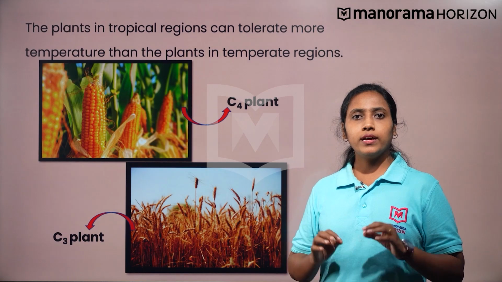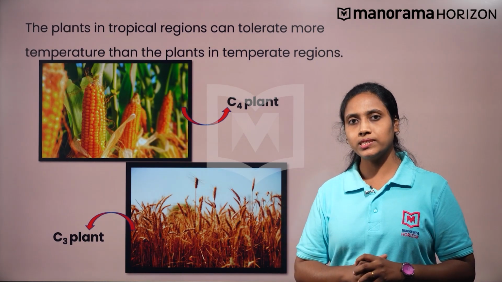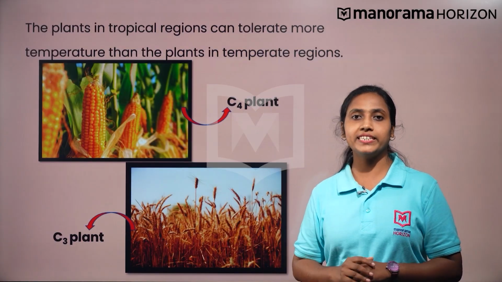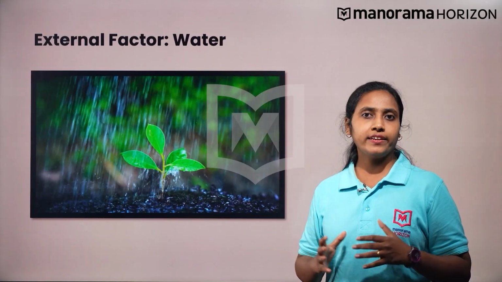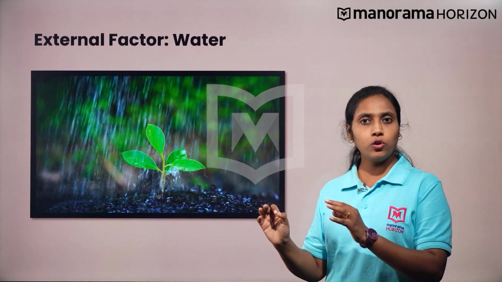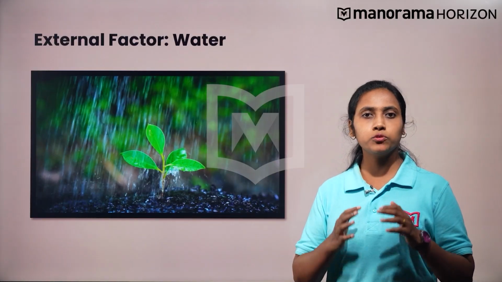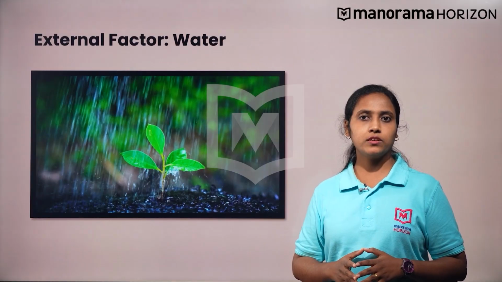Well, what is the last external factor that we are going to discuss? Yes, it's water. We know that during the light reaction, water is a reactant. The water undergoes photolysis to produce hydrogen ion and oxygen.